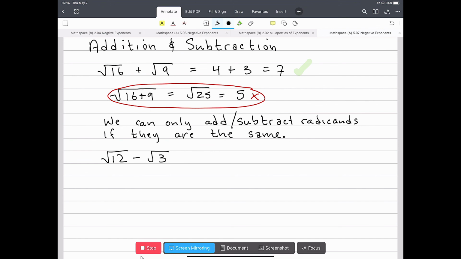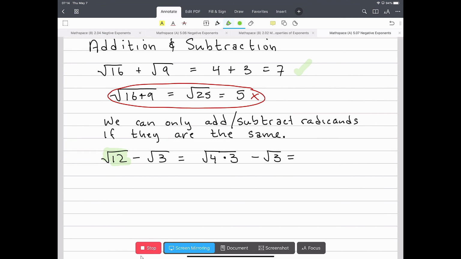So we're going to do something that we kind of did up in the multiplication and division problems. I'm going to re-express the square root of 12 as the square root of 4 times the square root of 3. Then we're going to subtract that square root of 3 on the end.